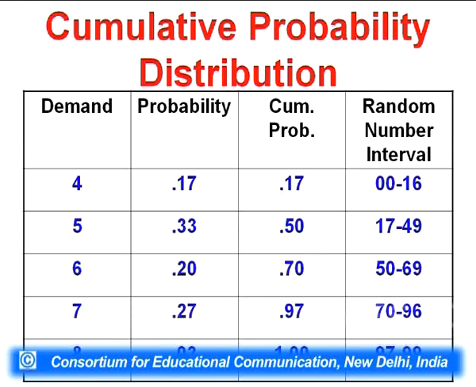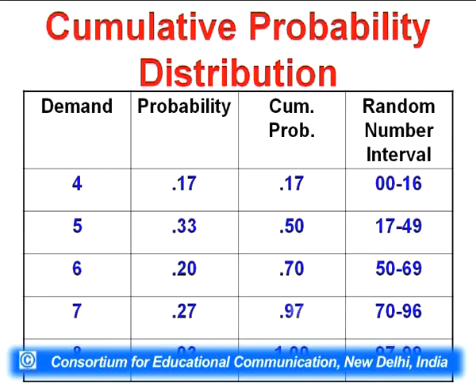And we have to attach random numbers. As the cumulative probability and the probability are calculated to an accuracy of 2 digits, we'll use 2-digit random numbers. The first one will have an interval of 0 to 16. Why 16? One less than the cumulative probability. The cumulative probability is 17 and one less is 16.